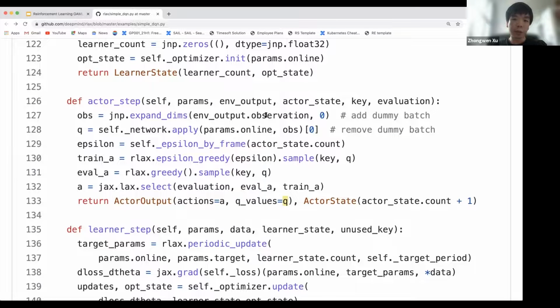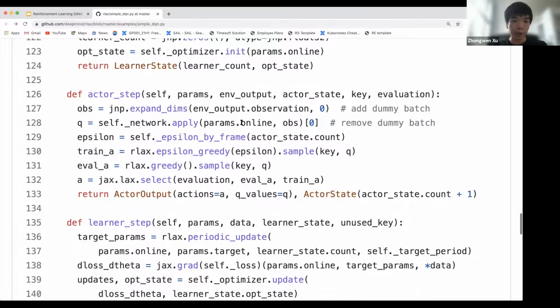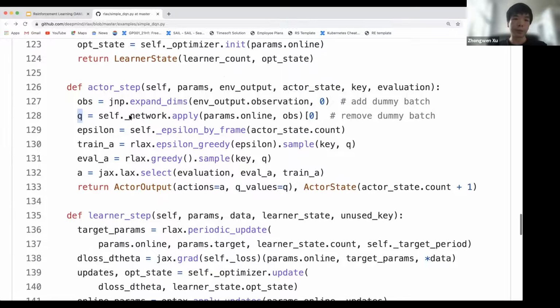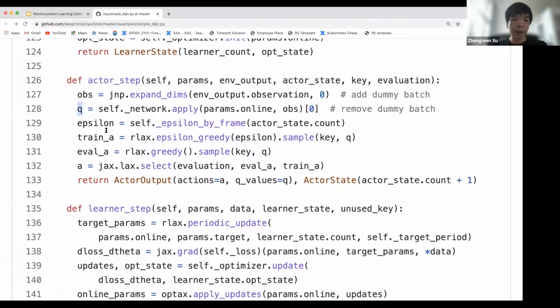First of all, take the environment output and observation, and add a dummy dimension to it. Then put it into the network, using the online network to obtain the Q values for all of these inputs. Next is essentially performing epsilon greedy.